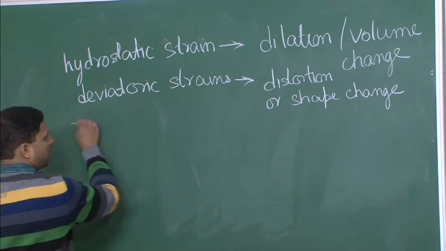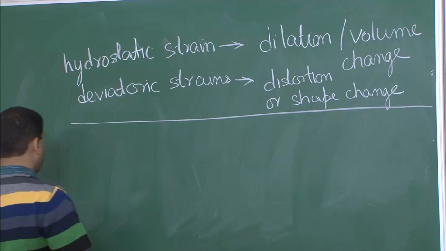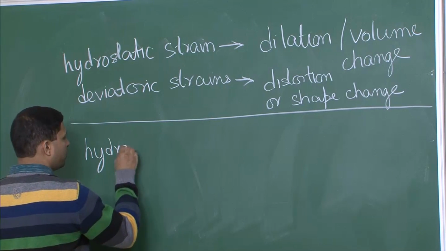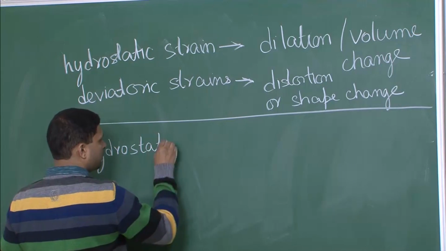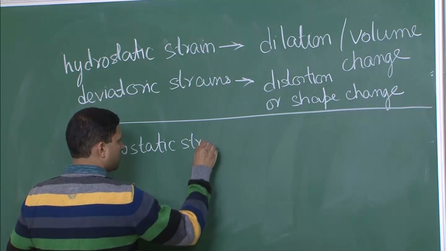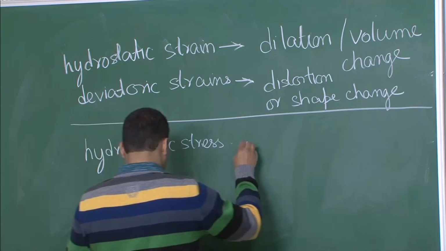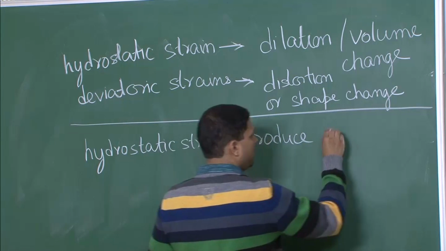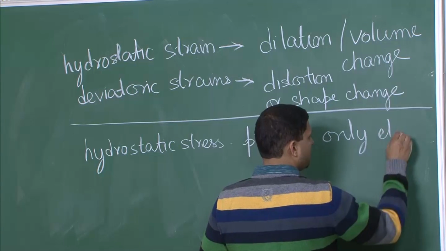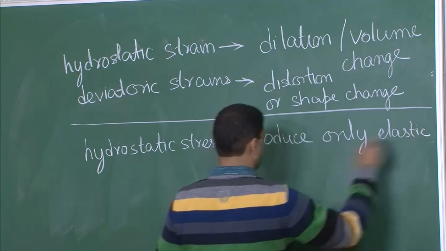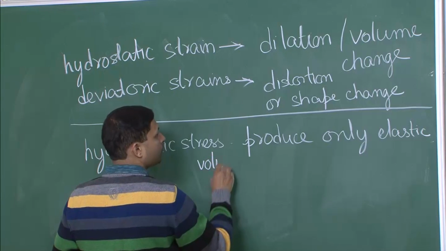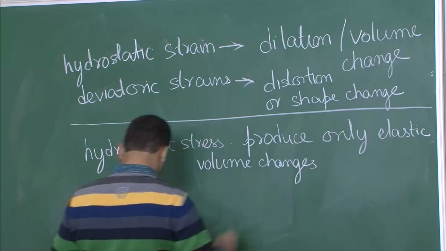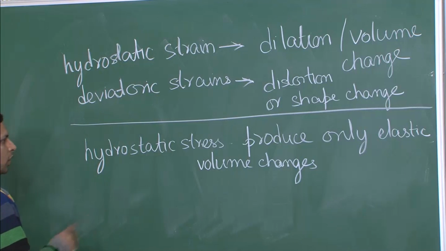That is about strains. Now, let us look at hydrostatic stress. Again, the diagonal components are the hydrostatic stress. Hydrostatic stresses produce only elastic volume changes, not plastic.